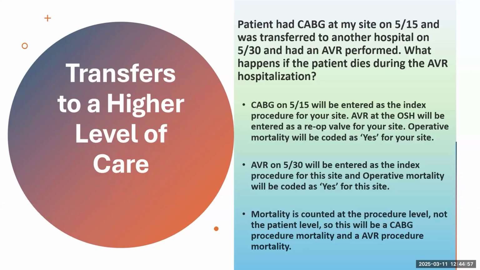Well, I explain that in the database, mortality is counted at the procedure level, not the patient level. That's really important to understand. So we have a CABG mortality and we have a valve mortality. Two different procedures, they both get a mortality. It doesn't happen very often, but when it does happen, it really throws people off. So I wanted to bring that up.